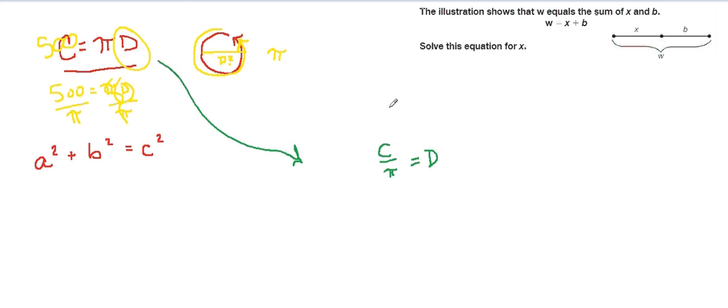And the value of that is, now when we input values, it's a little simpler, a little quicker. We can just go 500 divided by pi is d. But it's also nice because anytime we solve for diameter, we're ready to go with this formula, right?